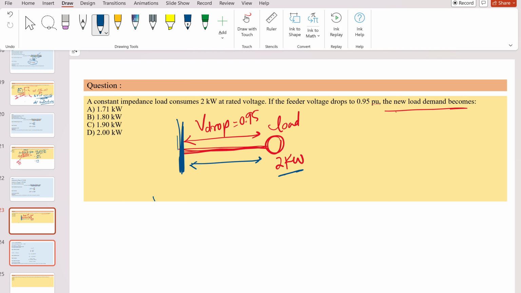I got one answer as option C. Let others also solve. Here you should always see that this is a constant impedance load. An important concept is there here.